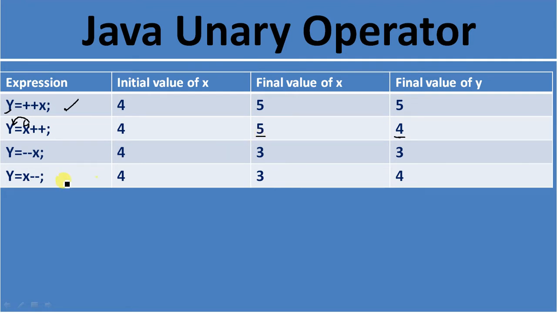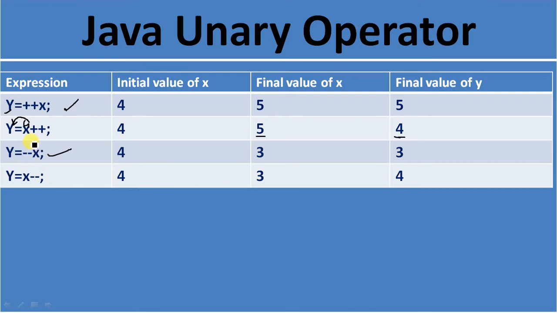Now y equal to minus minus x. What is the final value of x and y in this expression? This is the pre-decrement operator. The pre-decrement operator decrements the value of a variable before assigning.